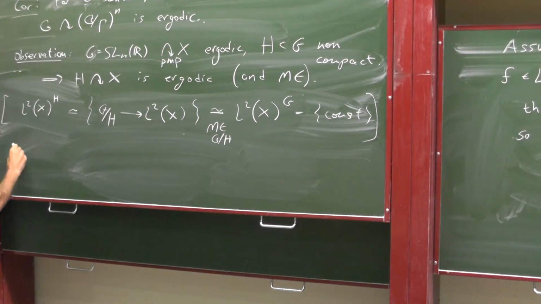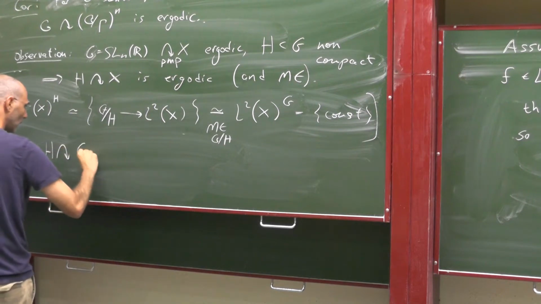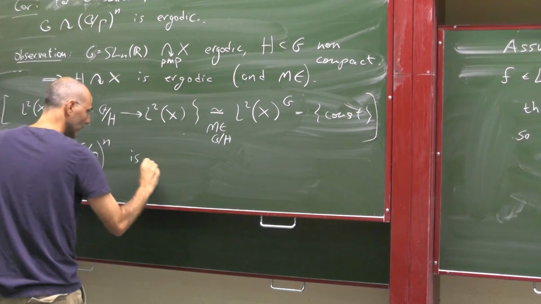Okay, so this corollary gives me, with the same notation, that H acts on G mod gamma to the n ergodically.